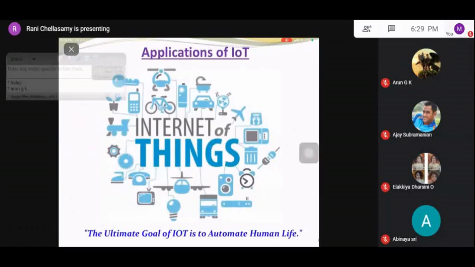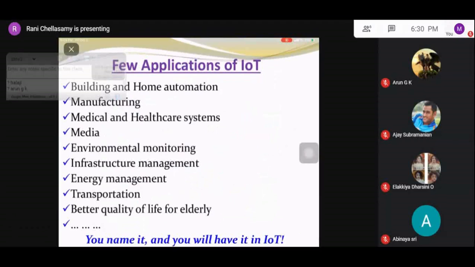Here are a few applications listed: building and home automation, manufacturing, medical and healthcare systems, media, environmental monitoring, infrastructure management, energy management, and life for elderly persons. These are some of the applications of IoT. We'll see some more.